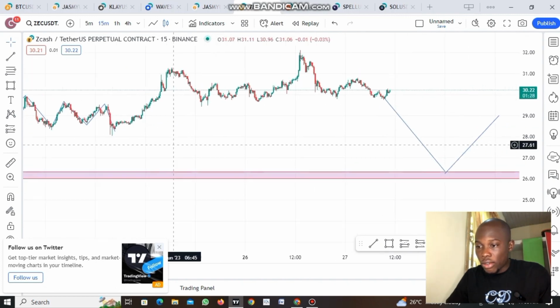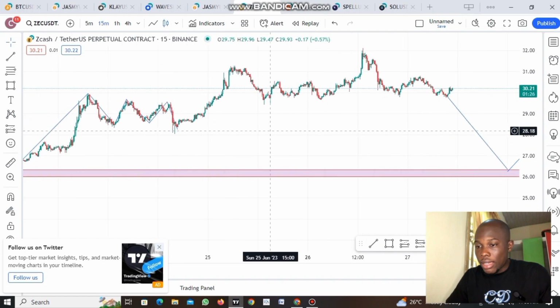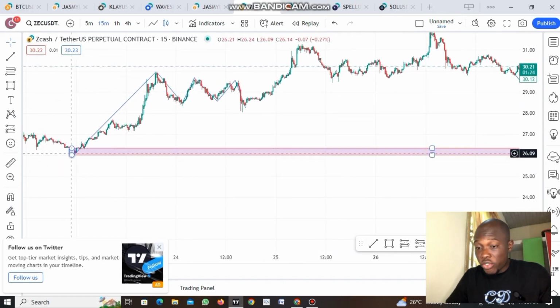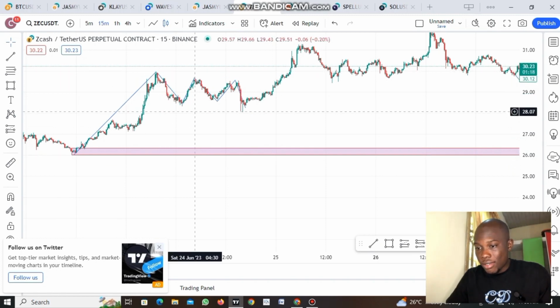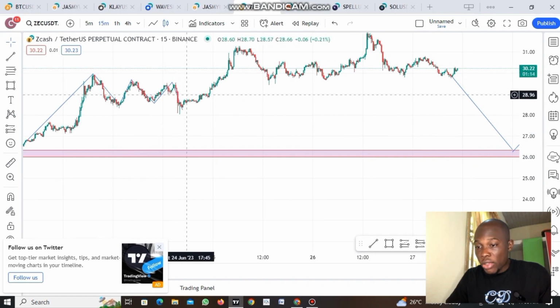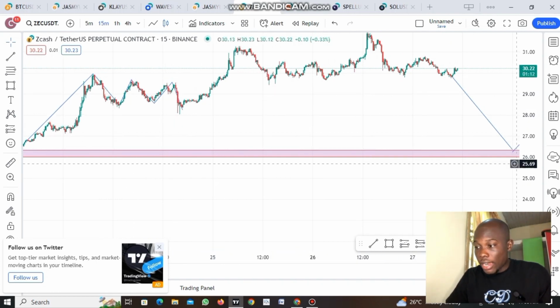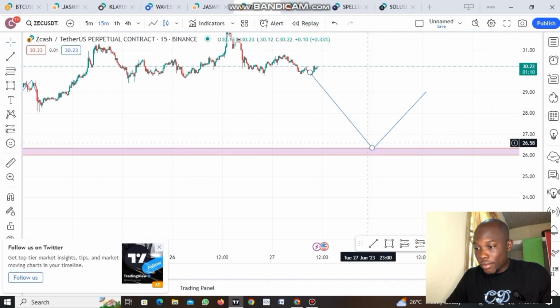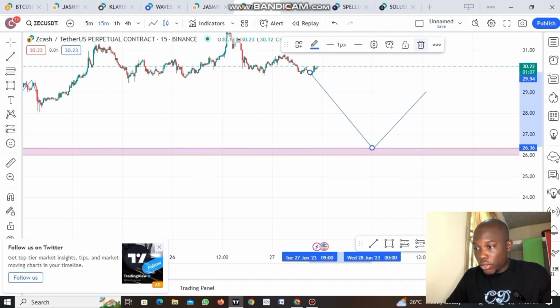So I don't know if you guys are understanding the points I'm making. If you are trading, respect and trade along the major ranges, because most likely these smaller ones will not be respected. Now let me delete this to avoid confusion.